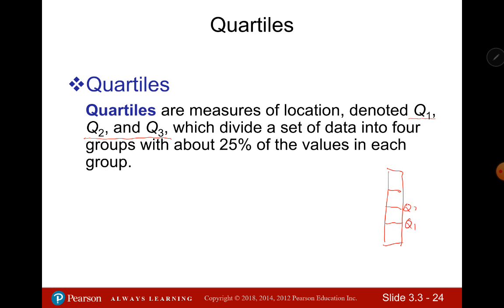Q1, Q2, Q3. Each group is just 25%. A quarter is just a quarter, right? Percentiles separate the data into 100 groups, and the quartiles divide the data set into 4 equal groups. Each group has 25% of the values.